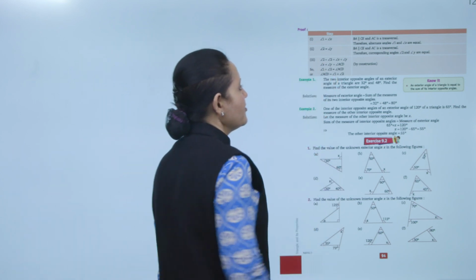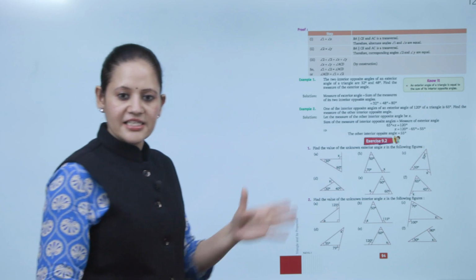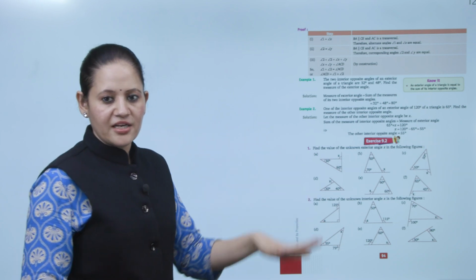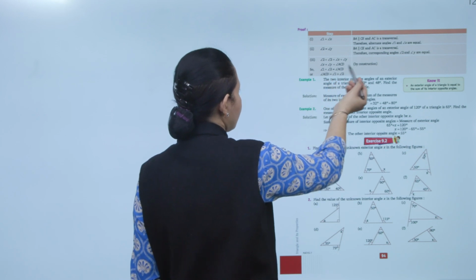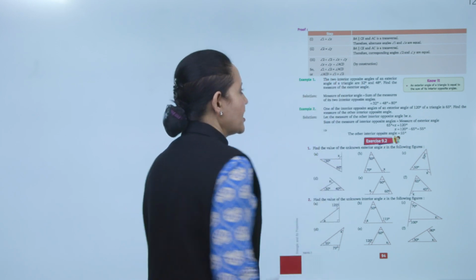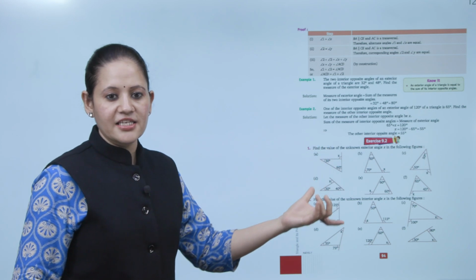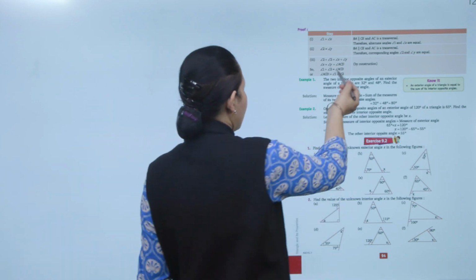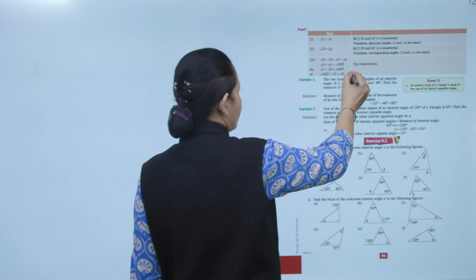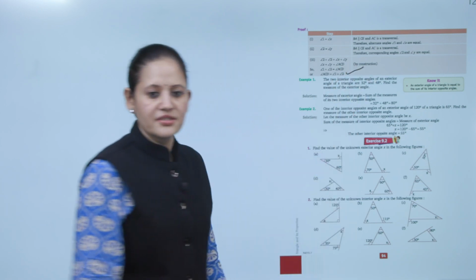Angle 2 and y are equal, again parallel lines and a transversal, so these will be corresponding angles. Angle 1 plus angle 2 equals x plus y, which is angle ACD. So angle 1 plus angle 2 equals angle ACD. So that we have proved.